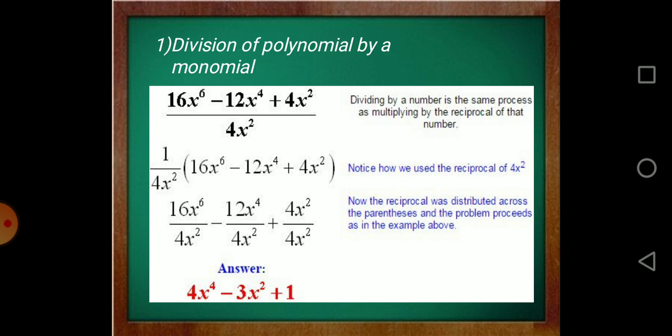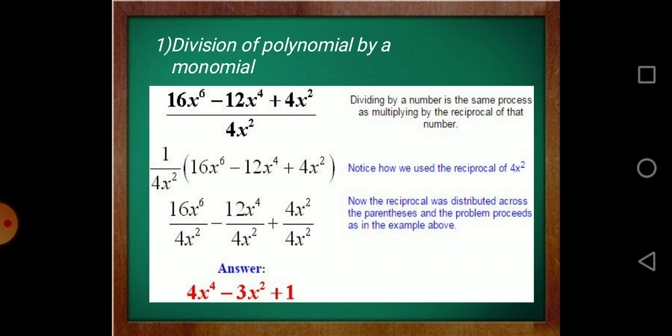X power 4 by x power 2 is x power 4 minus 2, that is x square, and 12 by 4 means 3. Thus the second term is 3x square, and the third term is 4x square by 4x square, that is 1, because the same polynomial divided by the same polynomial is 1. So, we got the answer or quotient as 4x power 4 minus 3x square plus 1.